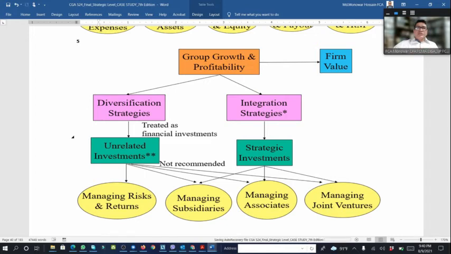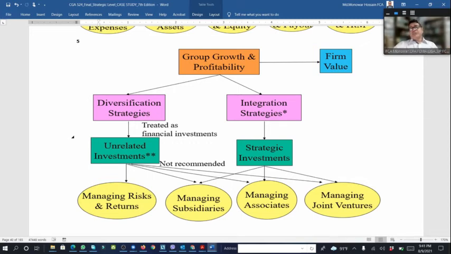Integration strategy means strategic investment: managing subsidiary companies, associates, and joint ventures. A lot of companies have different subsidiary companies. For example, if you have a bank, they have a merchant bank, a broker house, an asset management company, equity, and SME financing as separate organizations or subsidiaries.